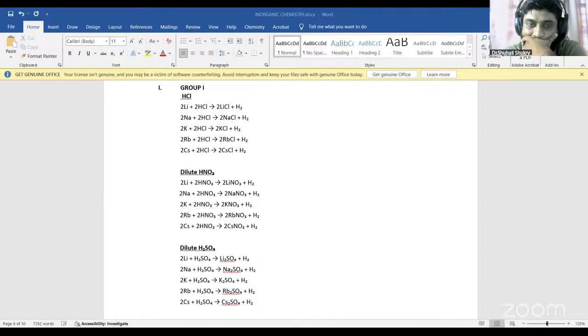Should we write the chlorine one also? No, no need to write chlorine. Just write only beryllium, zinc, and aluminium, how they react with sodium hydroxide.